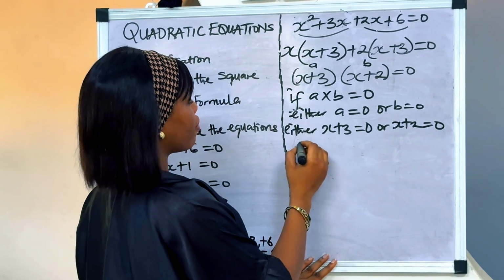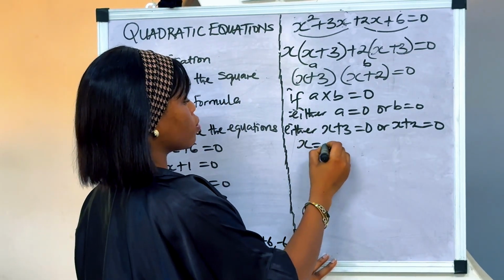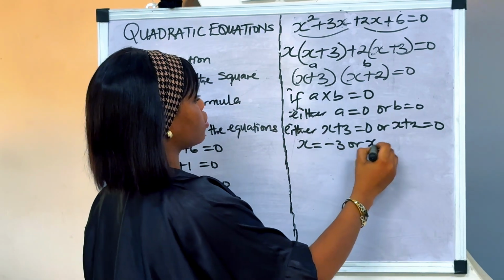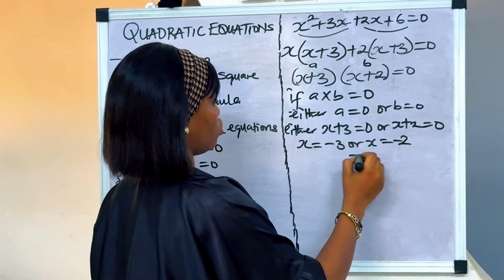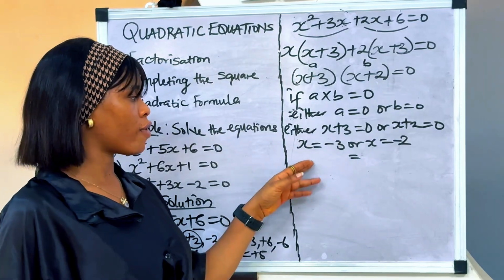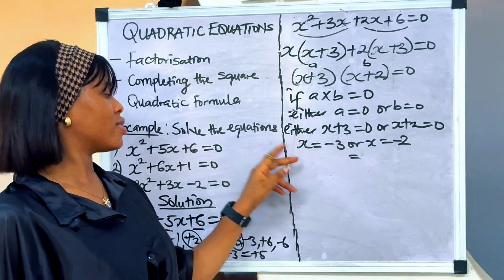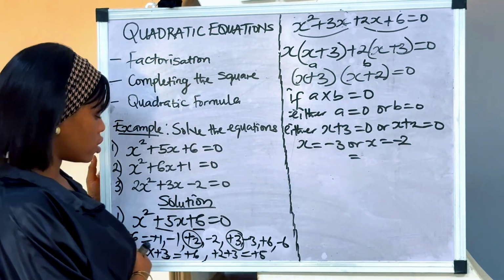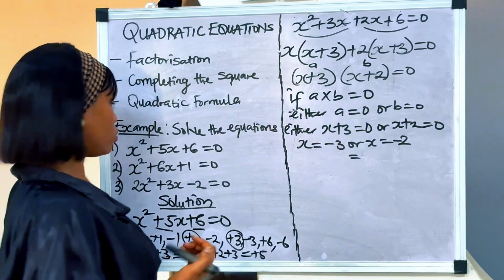From here we have x equals minus 3 or x equals minus 2. So these are the true values of x that satisfy this equation.